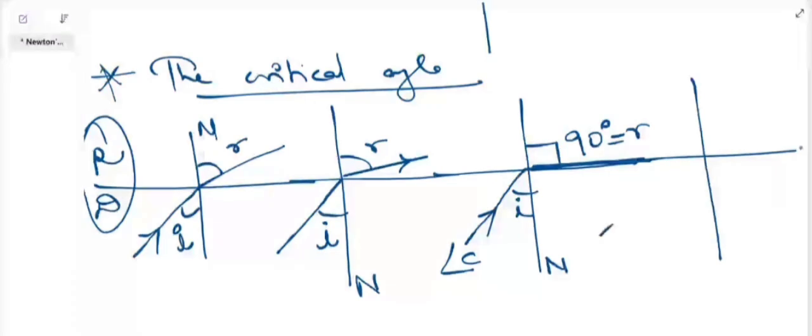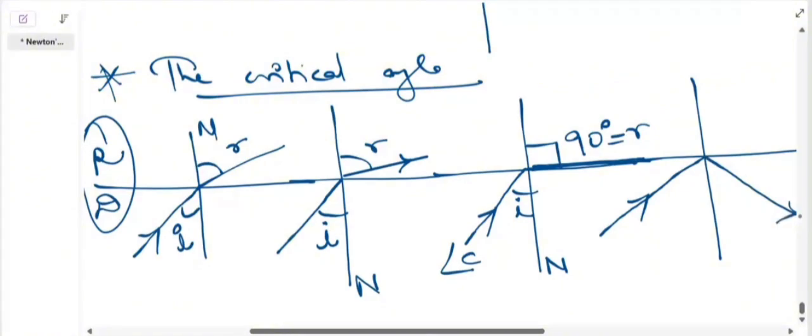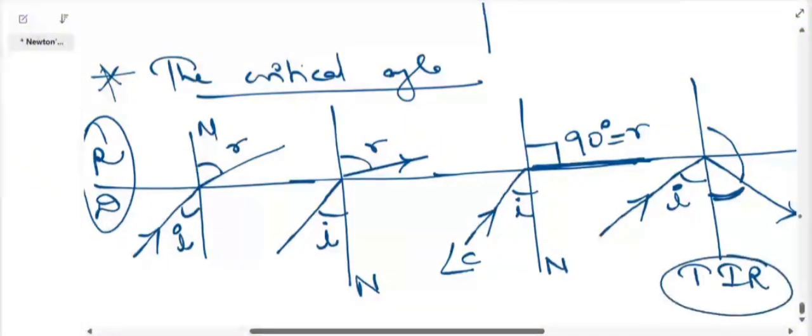What will I observe as I increase the angle of incidence more? Now my ray will bend back into the medium itself, and you will see angle I and angle R will be like this, nothing but 180 minus this angle. This particular process is known as TIR.